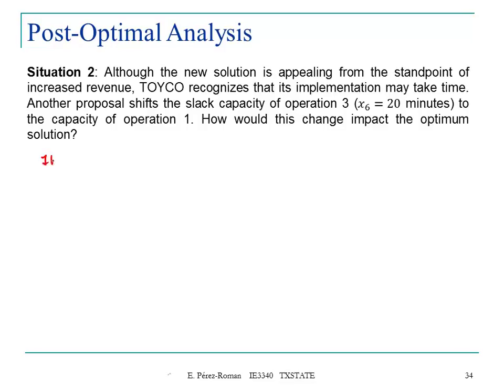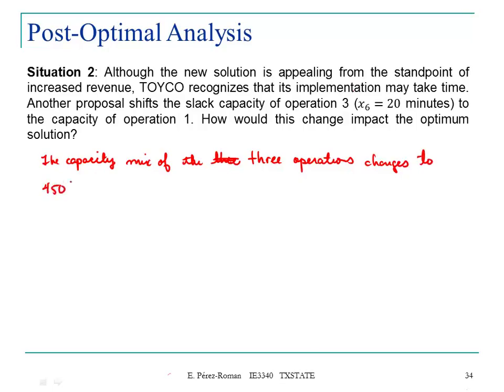So the capacity mix of the three operations changes to 450, 460, and 400.